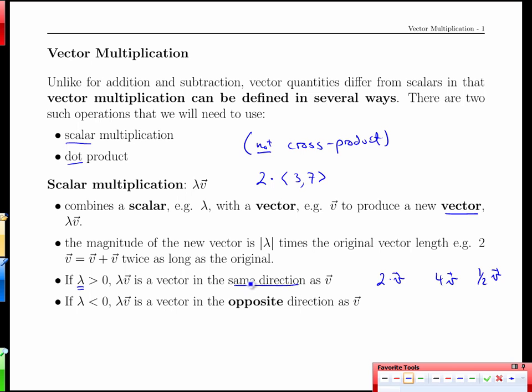All of these will point in the same direction as the original vector, but if we multiply by a negative number, like negative 2v or negative 1/3 v, then we're going to get something that points in the diametrically opposed direction, but also has the scaling effect, shrinking the length or doubling the length.